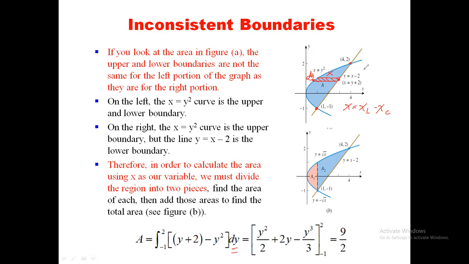Your line here is actually y equal to x minus 2. And since you are interested in the x of the line, you transfer the 2 in here. So that is why you will have x equal to y plus 2. This is the x of the line. As for the x of the curve, it's already in terms of x and it's y squared. So this is the x of the curve. Just do your integration. And this is your answer.